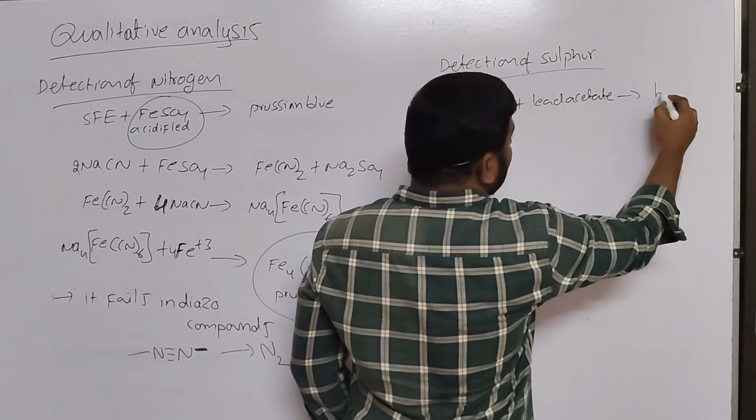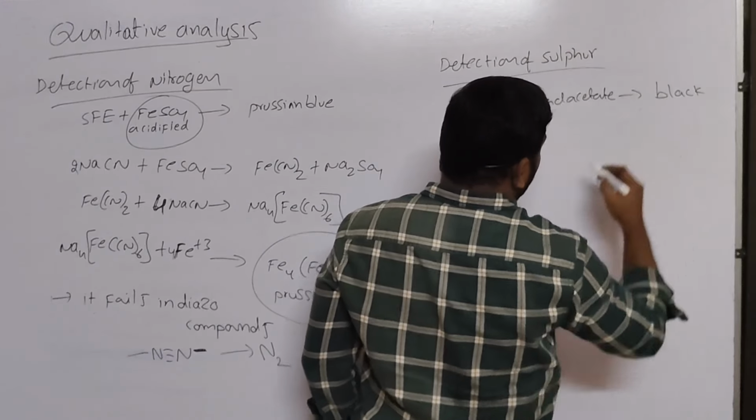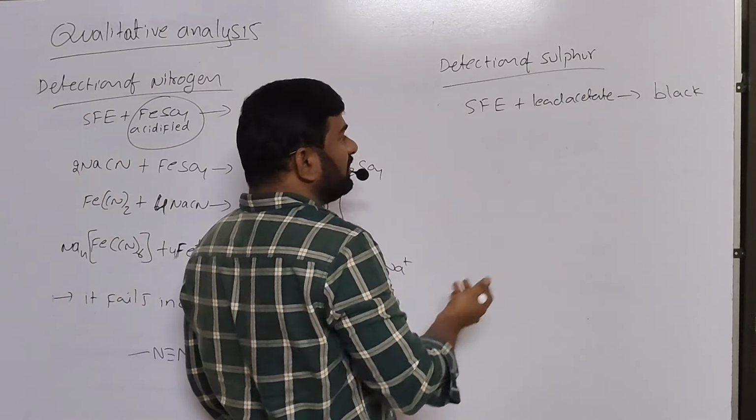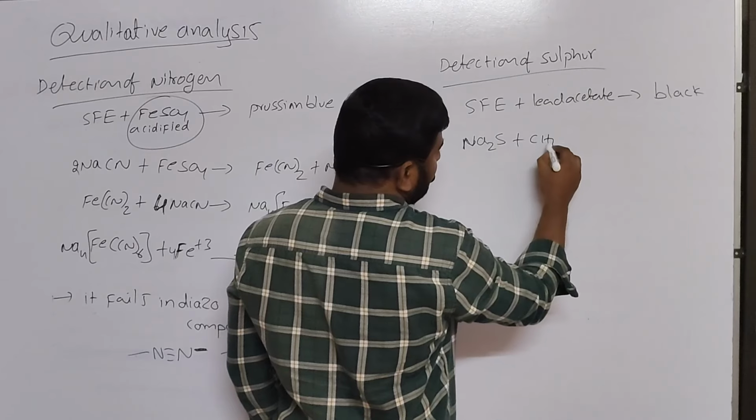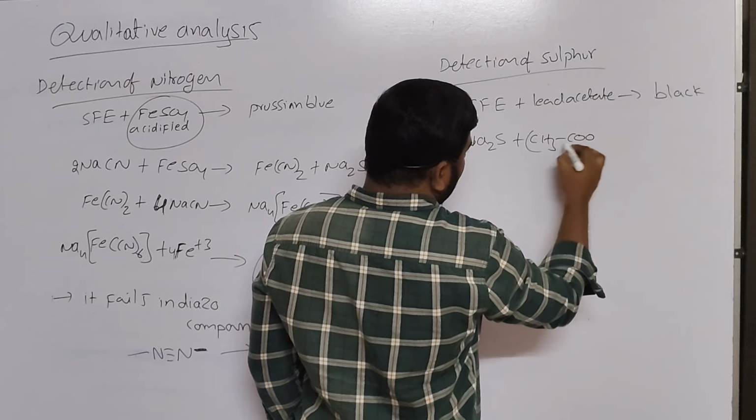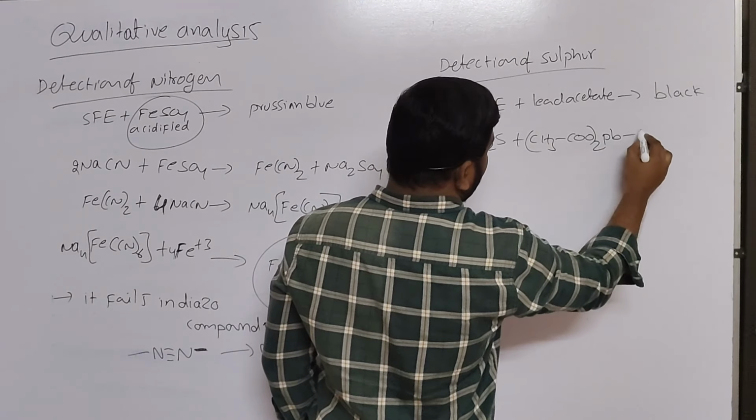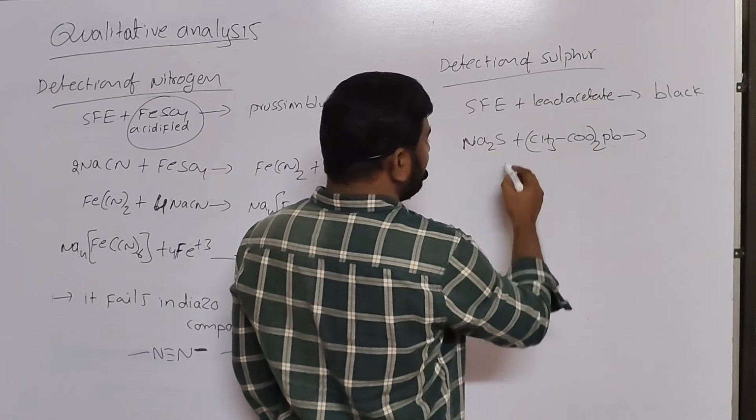If a black precipitate comes, then sulfur is present. Here the sodium extract is Na2S. If you add lead acetate, (CH3COO)2Pb, then this S goes and combines with the Pb, and we get PbS.